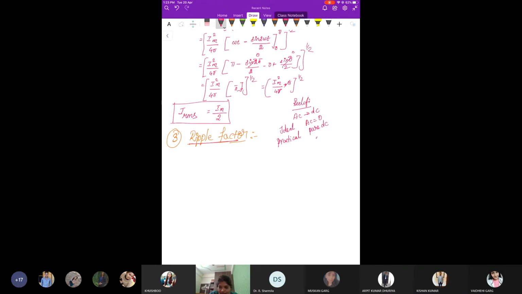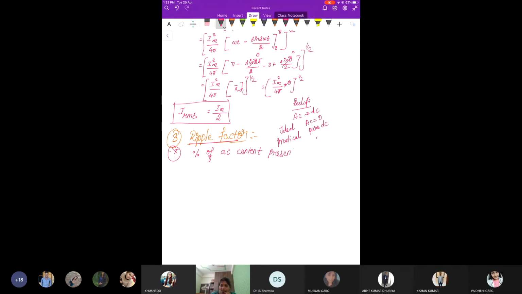So the definition is very, very important. Sometimes they will ask in your 2-mark question also, define ripple factor and write the ripple factor of a half wave rectifier and full wave rectifier. Like this they can ask. Ripple factor, what is it? It is nothing but the percentage of AC content or AC component present in the output.